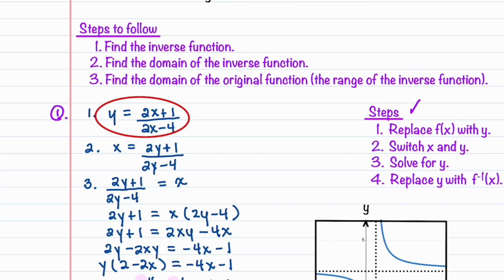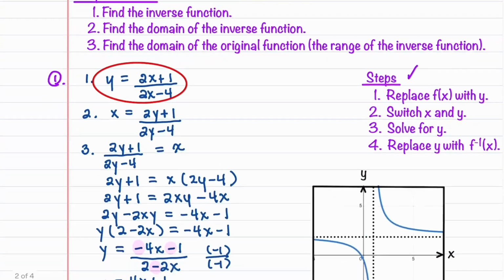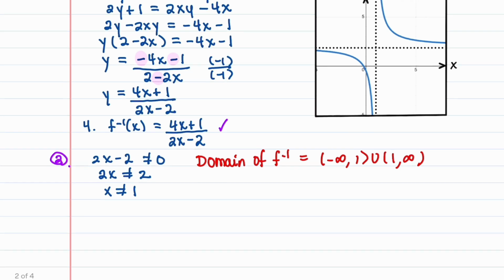So for the domain of the original function, we're going to have to restrict it so that our denominator cannot be equal to 0. So our denominator is 2x minus 4. Let's keep that in our head. And let's go ahead and write a 3. And then we just found that 2x minus 4 was in our denominator, and that cannot be equal to 0. That was in our original function. So this tells us 2x is not equal to 4, which means x is not equal to 2.